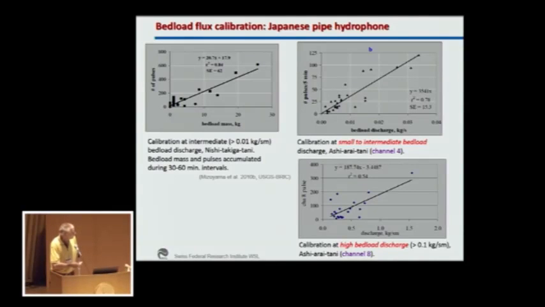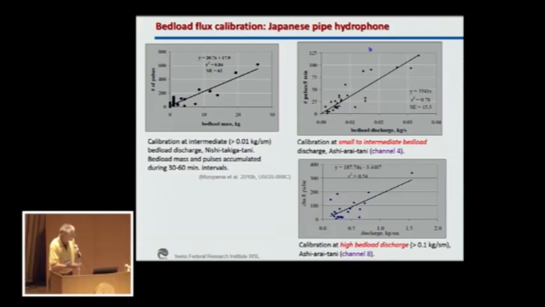What they have found, however, with this system, is that depending on bed load transport intensity, a different channel output is more suitable than another channel. Basically, what this means is that different channels are more or less comparable to the analysis of the Swiss plate geophone system by choosing different threshold levels.